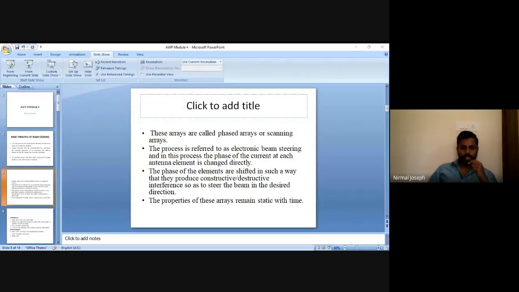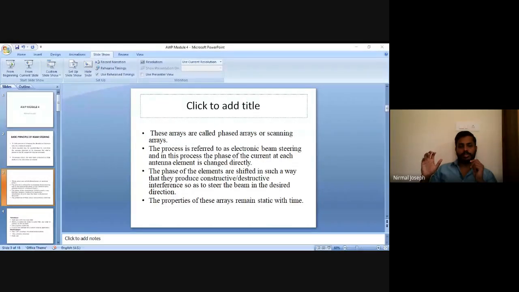So by doing that, what is basically going to happen? The same signal with different phases is going to be radiated from each and every element.